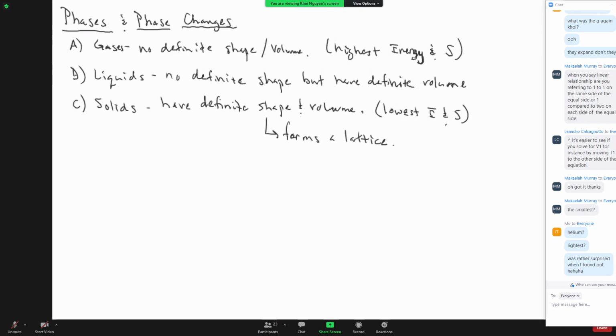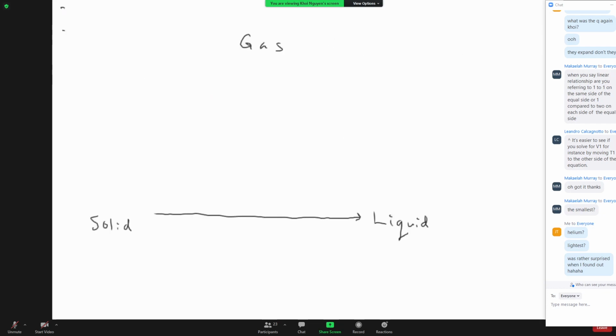Liquids have no definite shape but definite volume, and gases have no definite shape and no definite volume. So to go from a solid to a liquid, what do we have to do? Yes, we're breaking the lattice structure. I guess that's considered bonds. They're intermolecular bonds, right? So someone said that we're breaking bonds to go from solid to liquid. Yeah, we are adding energy. That is correct. So this is an endothermic process. We're adding energy to go from a solid to a liquid.